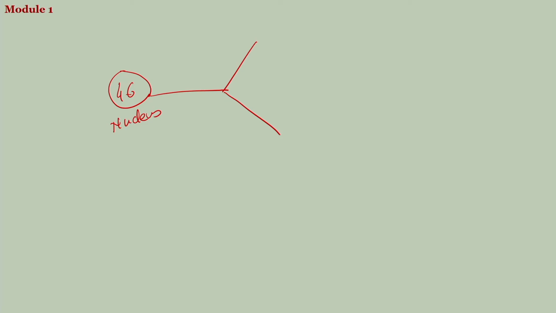When cell division happens, this cell is divided into 2 new cells, and these have nuclei again, and all 46 of it goes there, all 46 of it goes here.